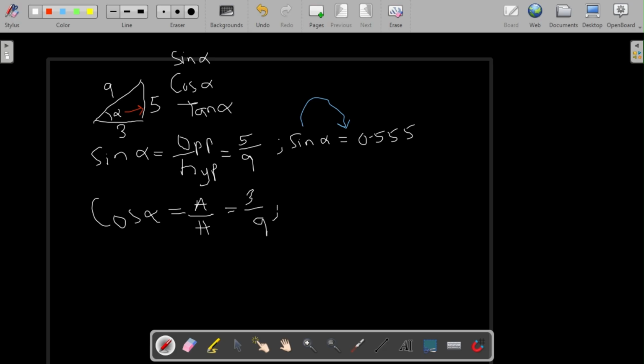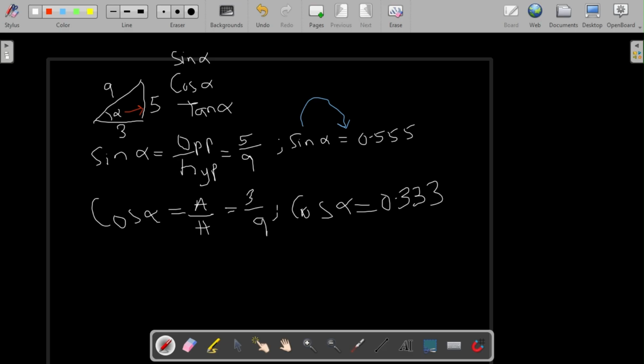So that's 3 divided by 9, and that gives 0.333. So your cos alpha equals 0.333. Let's leave it in 3 precisions.